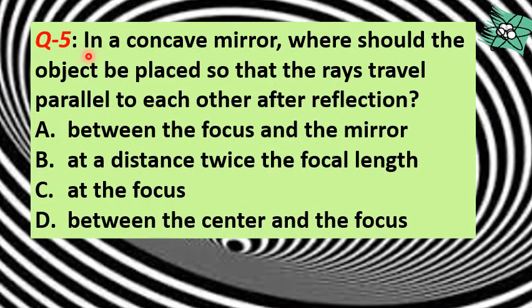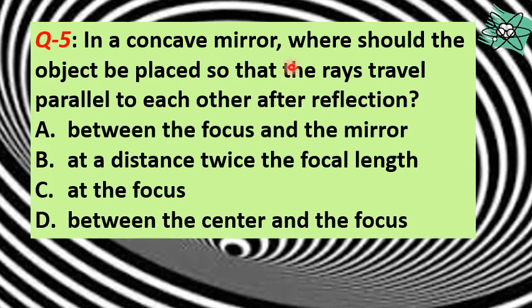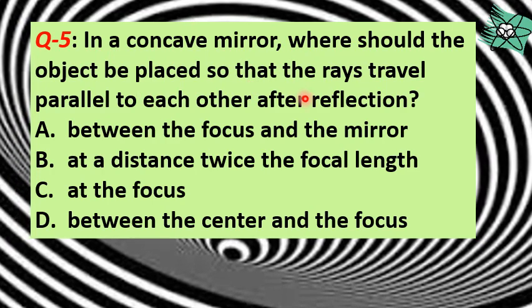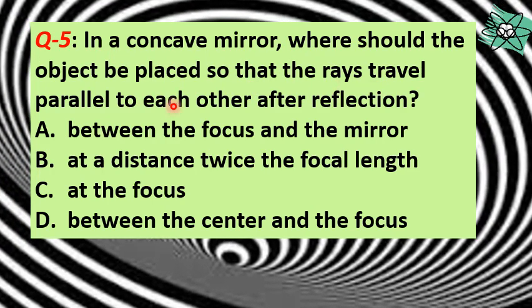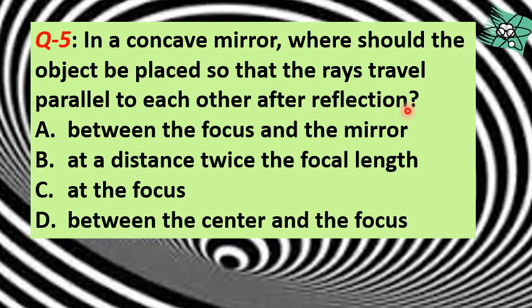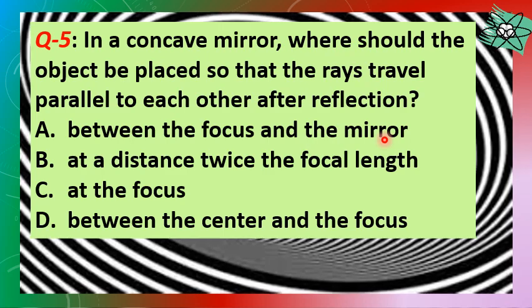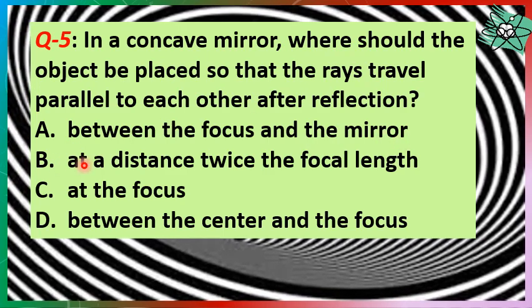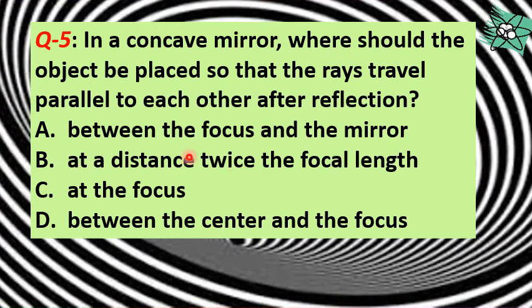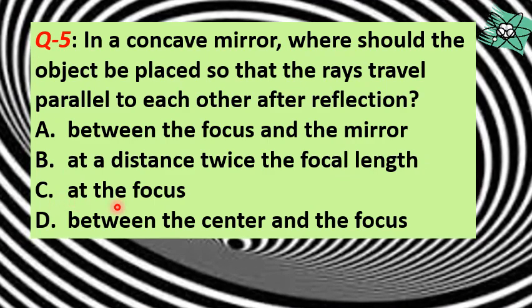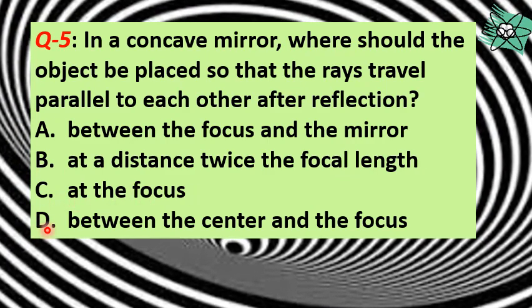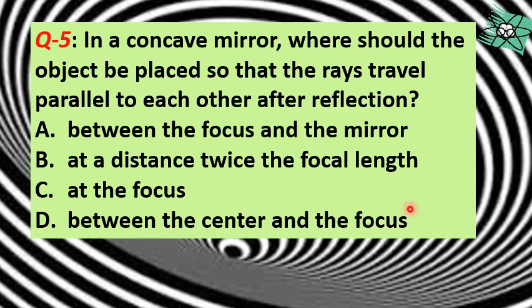Question number 5. In a concave mirror, where should the object be placed so that the rays travel parallel to each other after reflection? Option letter A, between the focus and the mirror. Option letter B, at a distance twice the focal length. Option letter C, at the focus. And option letter D, between the center and the focus.